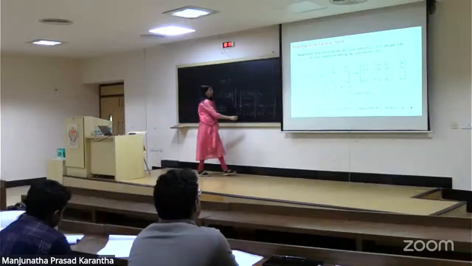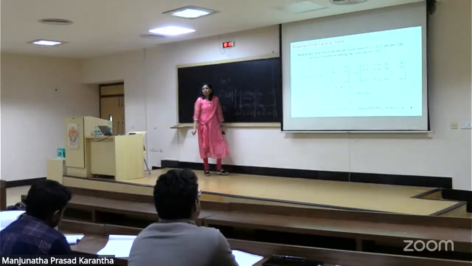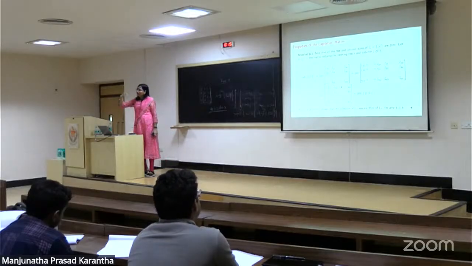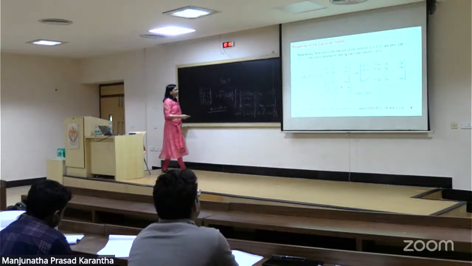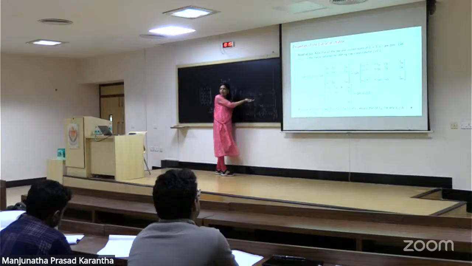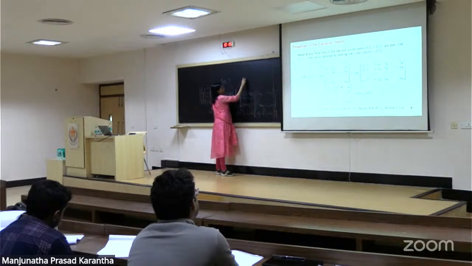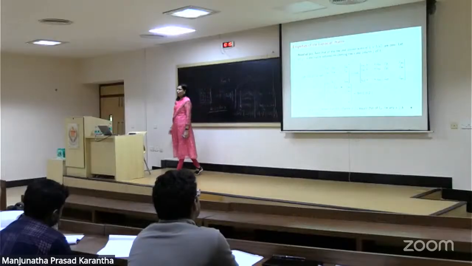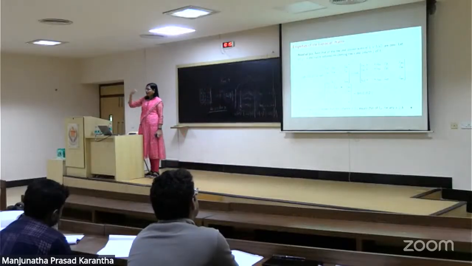Instead of adding the columns, we could have done it by adding the rows also. That way I could have done it with all the rows. So I would have got -1 to the power 1 plus 2, if the second row is used.